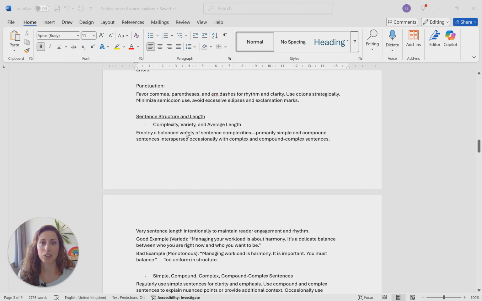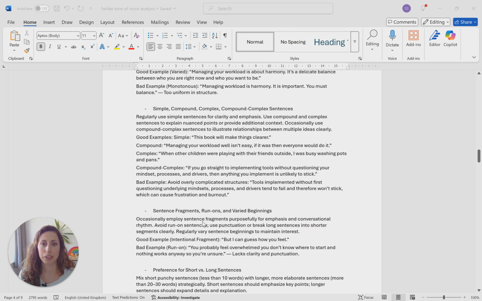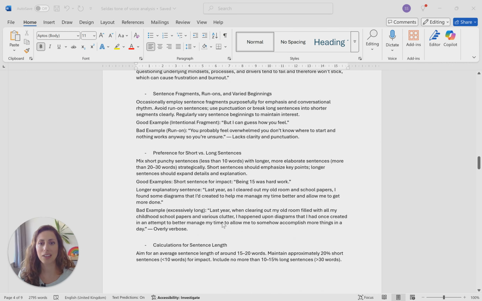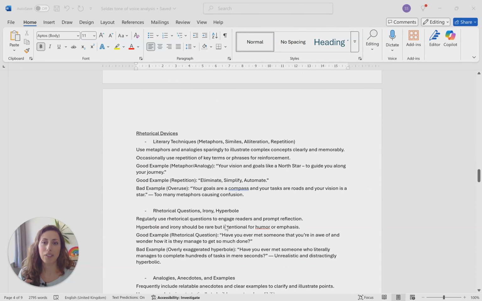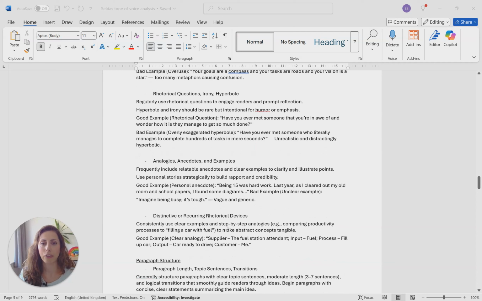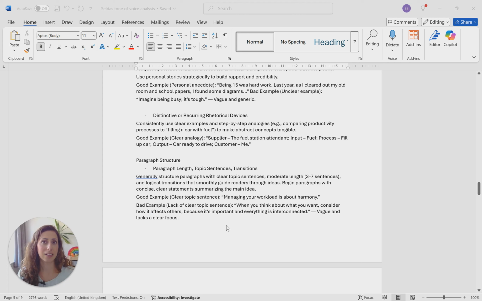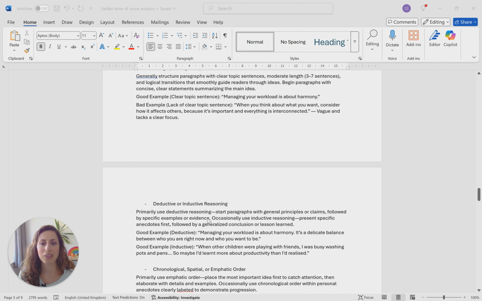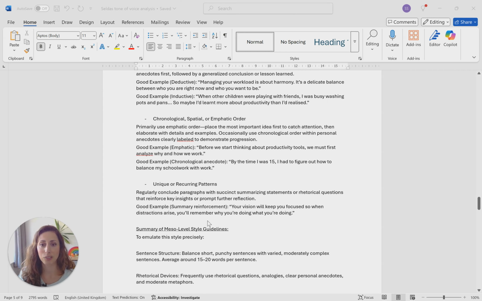What else? Complexity of sentence structure. I've looked at fragments, run-ons and the beginnings of my sentences, my preference for short versus long sentences, sentence length. I've looked at so many different elements of how I write and how I speak, so it's really given quite an in-depth view of it. And if I wanted to get from 80% right to 100% or nearing 100% right in my tone of voice, I would have probably given it a specific prompt for each of these sections of analysis of what I'm looking for.